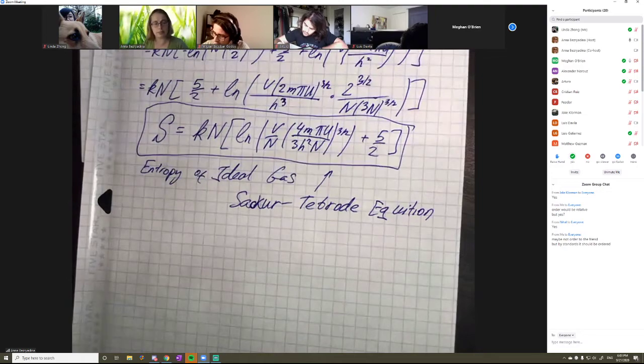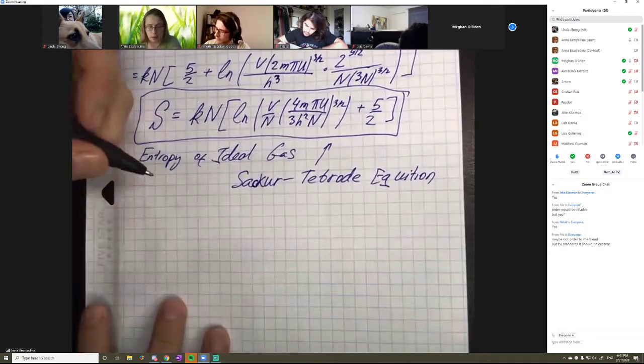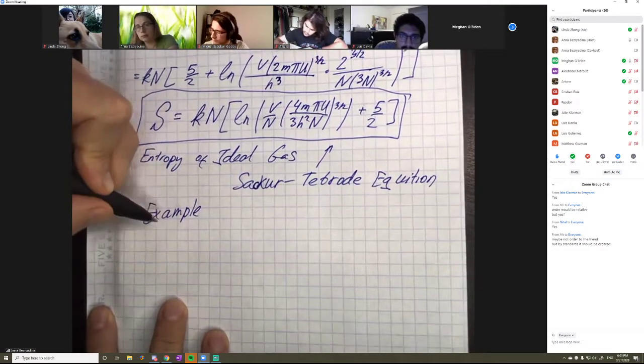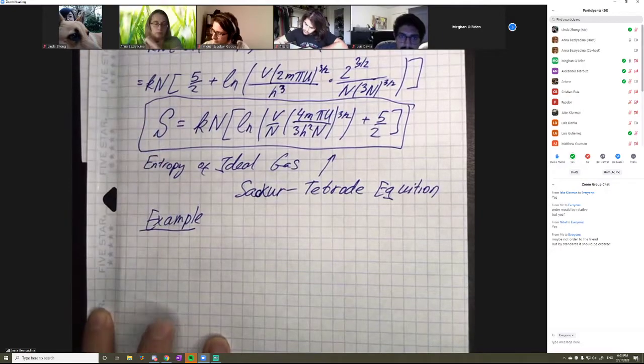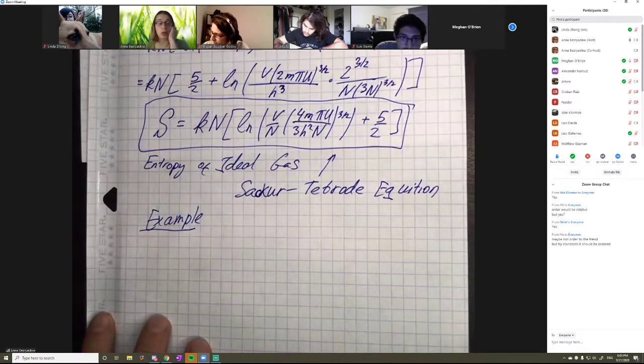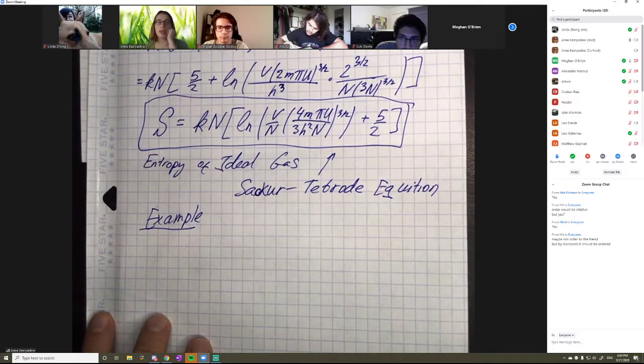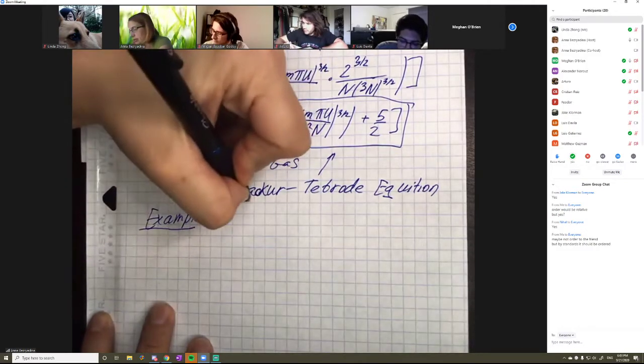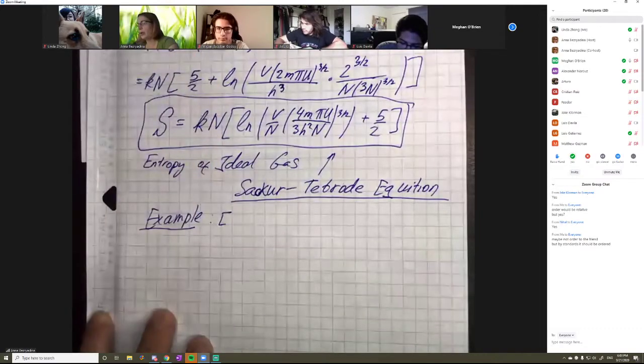Now let's look at an example. Let's look at an example where we have ideal gas and it expands.